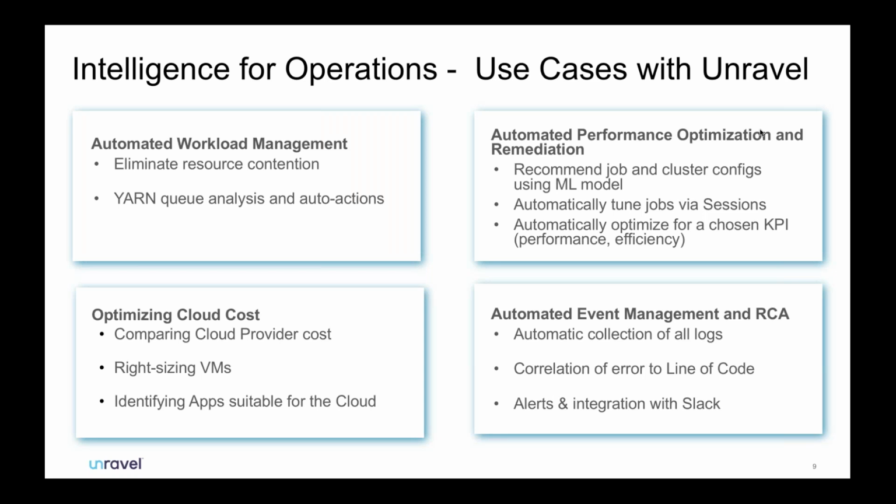If you're running a Storm application, or even a Spark, that may be more memory intensive than something like Kafka, right? Which may only need a certain amount of resources. So we can identify which apps are more suitable for the cloud based on the resource utilization.